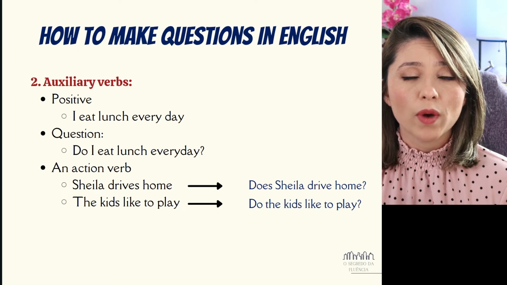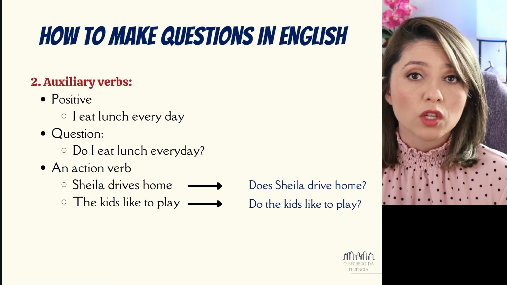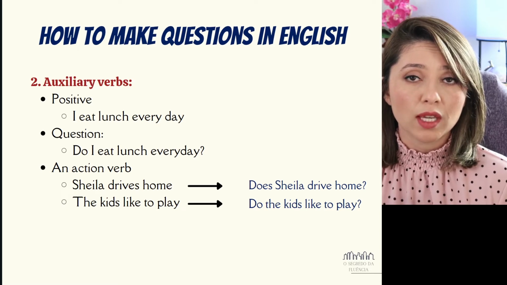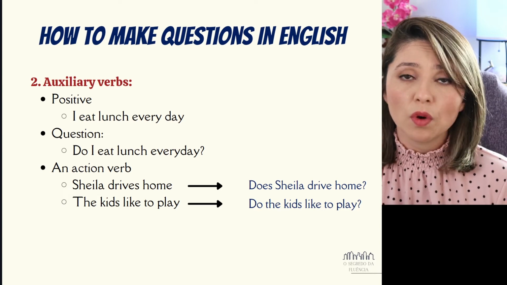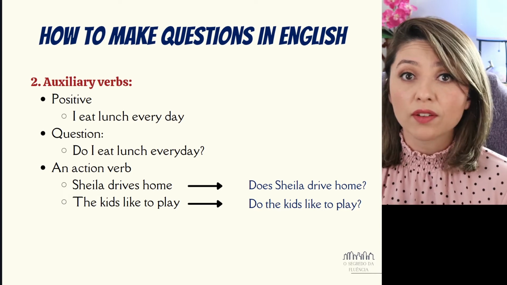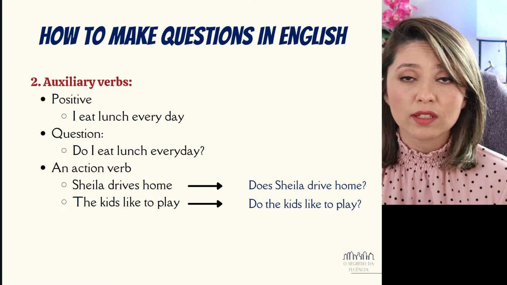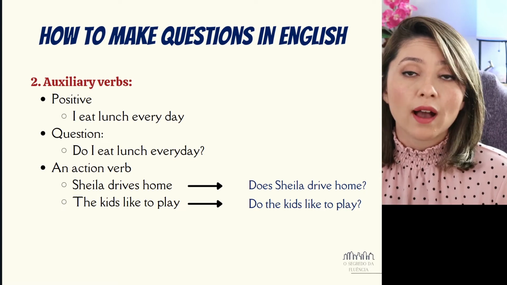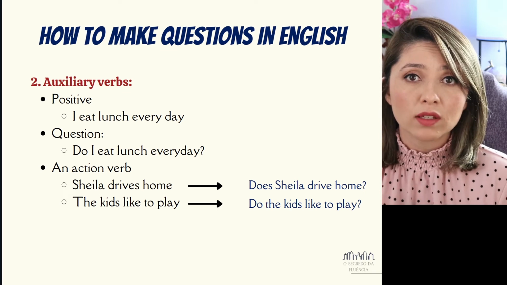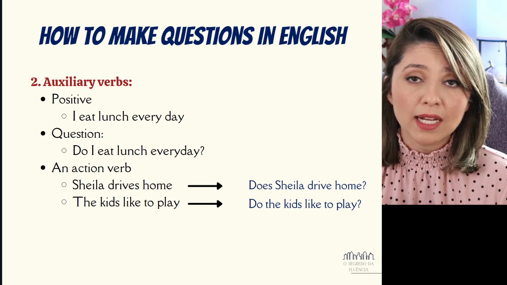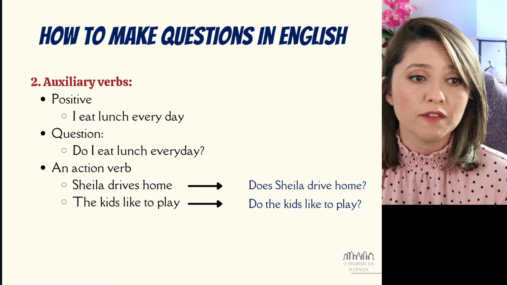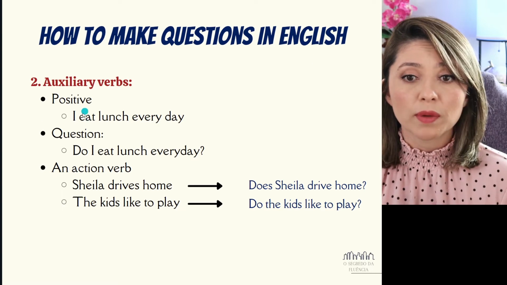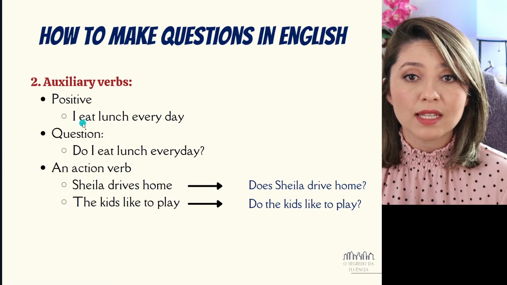So when are you going to use do and does? When you have an action verb talking about general things that you do or you did in your day, in your life. So if I say I eat lunch, it's something that I generally do every day in my life. It's a routine. I don't need an auxiliary verb here because it's implied, and my action verb is eat.